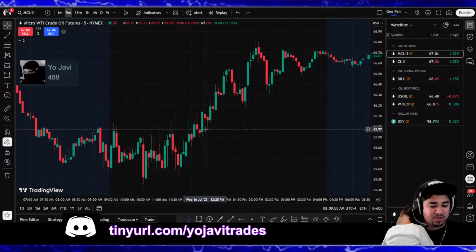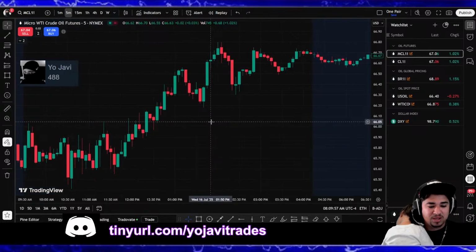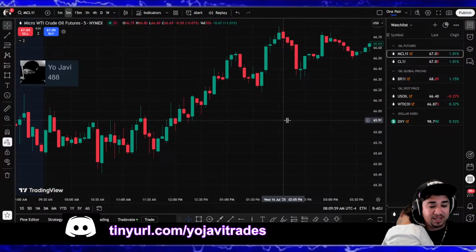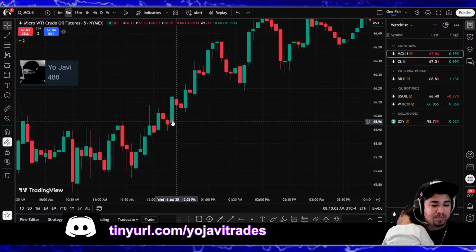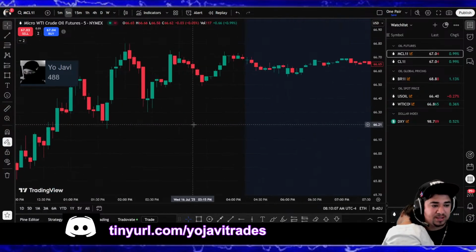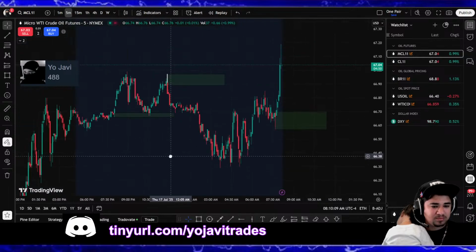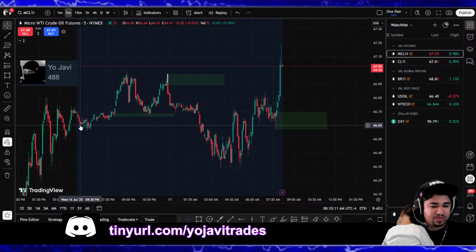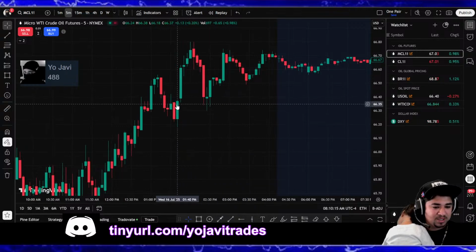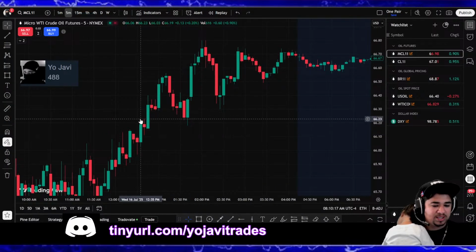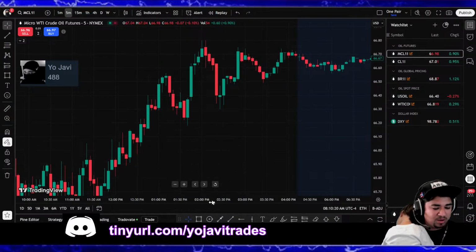Now these pushes are not that big, so am I saying they're quality? Not necessarily. But nevertheless, the zones are being created. So I had 1 demand zone, 2 demand zones. I might as well get the third one since they're all here. I'm just going to get this one because it's a little bit more clear.